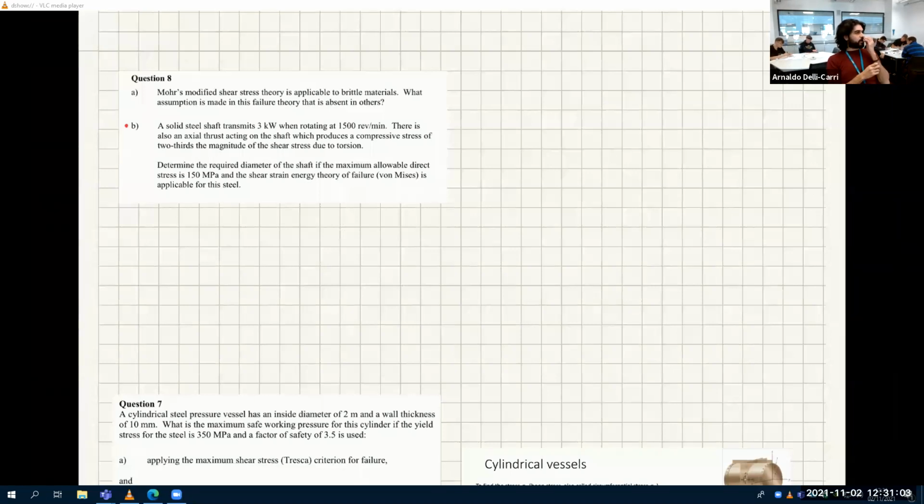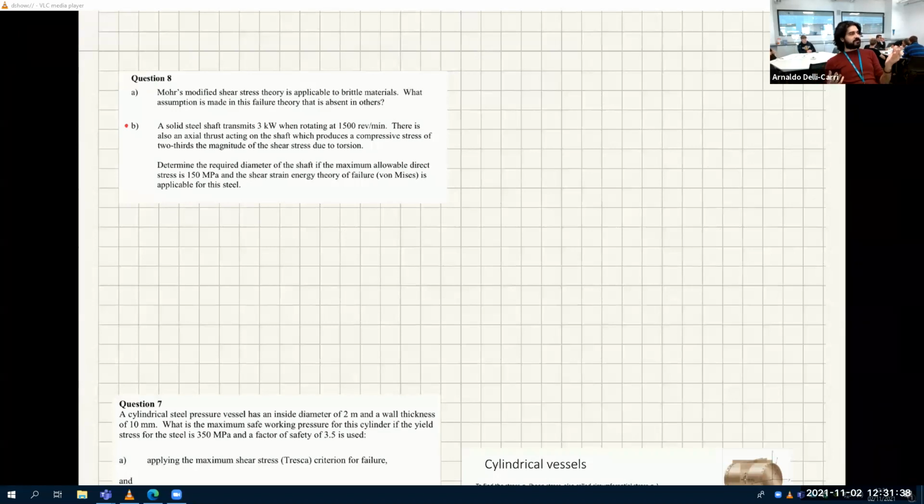So when you're designing stone structures or cement structures, these materials have different resistances in compression and tension, so you need a modified failure criterion. Mohr's modified shear stress theory is one of those. If you've done this, you need to use tables. It's a bit more complicated than the ones we just used, but it's just a different failure function that still takes into account all three numbers and spits out another number.